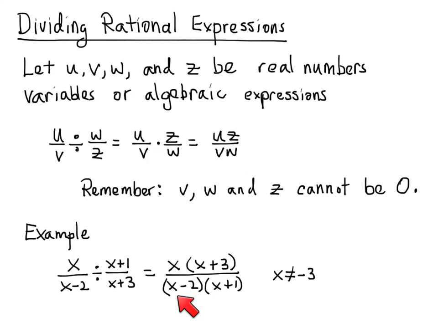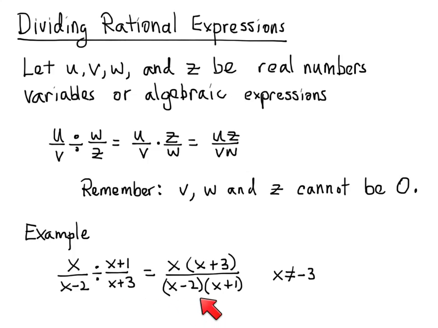Even though I haven't canceled anything out, by making this a multiplication, I still have to state that x can't be negative 3 because I would be dividing by 0 with this first term. So this is implied here, that x can't be negative 3.